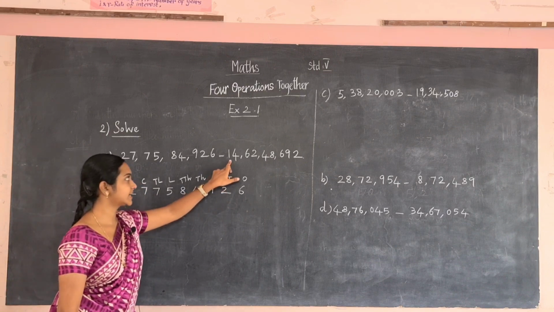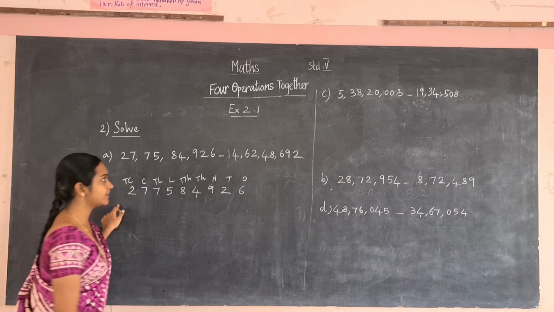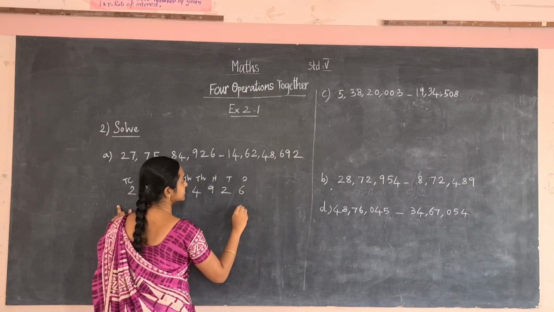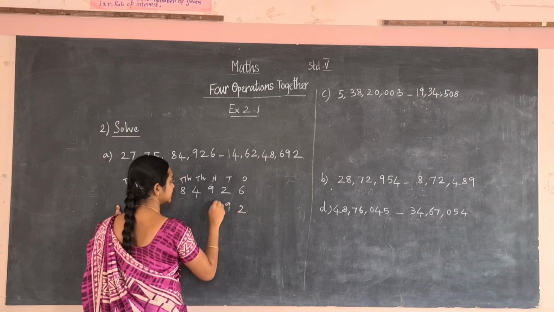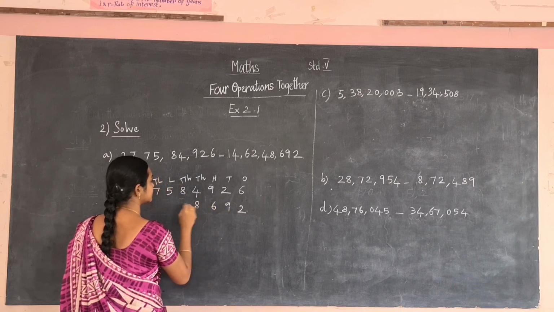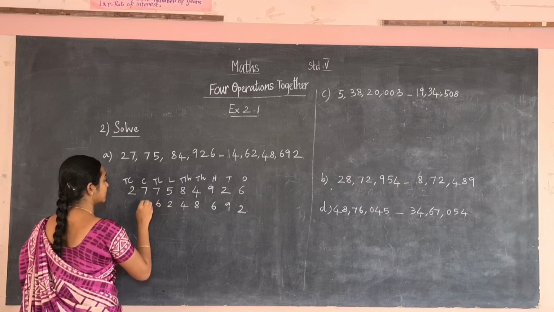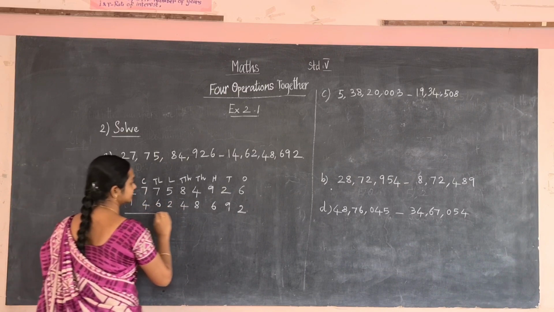Next we are going to write the second number. While writing the second number, you have to start from the rightmost number. That is 2, 9, 6, 8, 4, 2, 6, 4, 1.